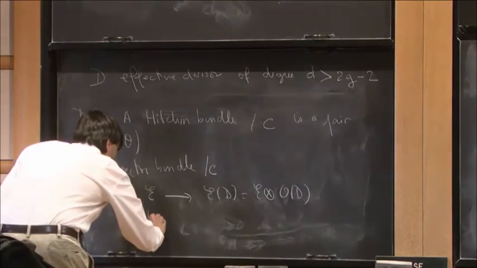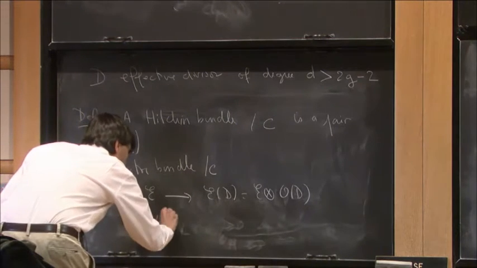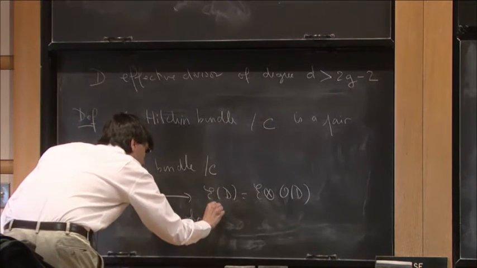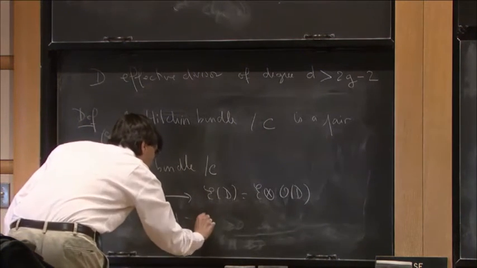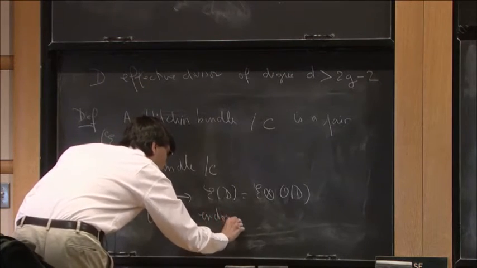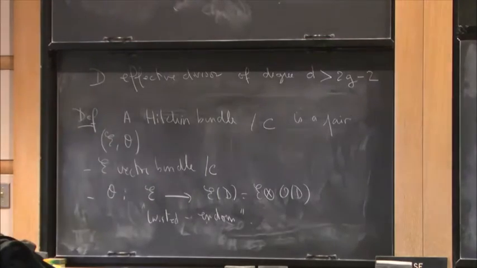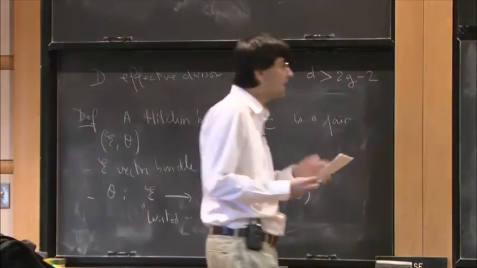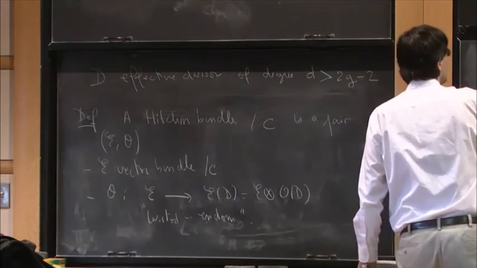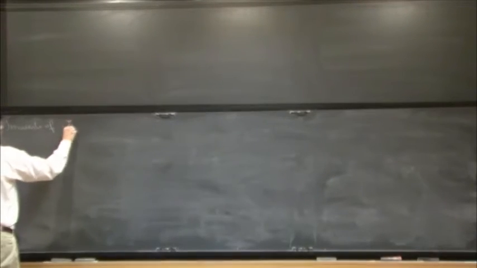So theta is a twisted homomorphism, or twisted endomorphism. That is the following datum, and we have the following invariants of the pair (E, theta).